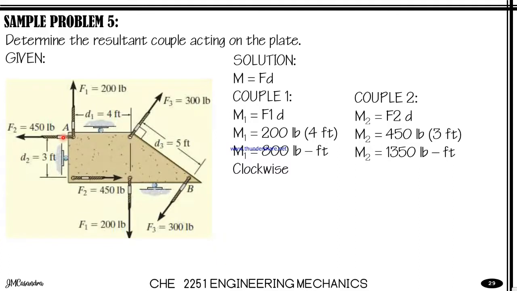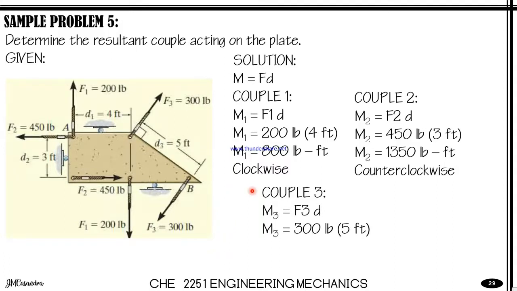And the rotation now of F2 or couple 2 is counterclockwise. So for couple 3, we have M3 is equal to F3D3, which is 300 times 5, giving us 1500 pound-foot.